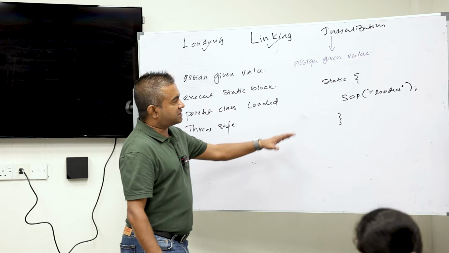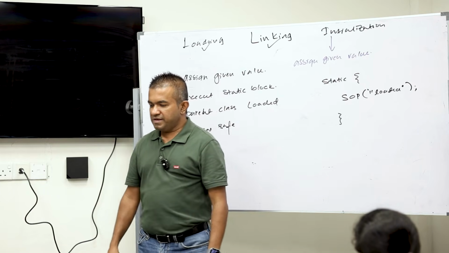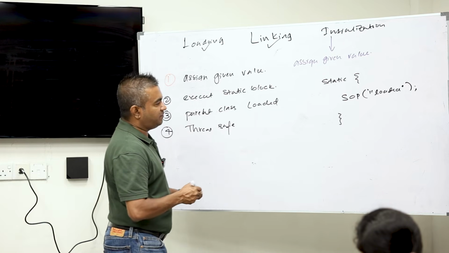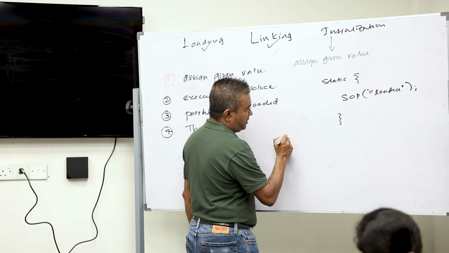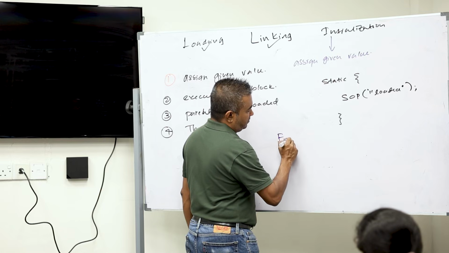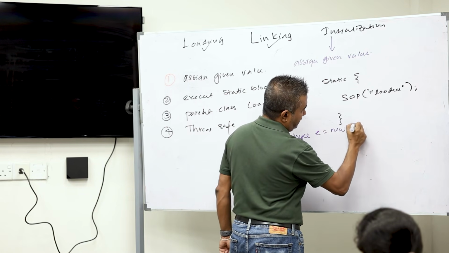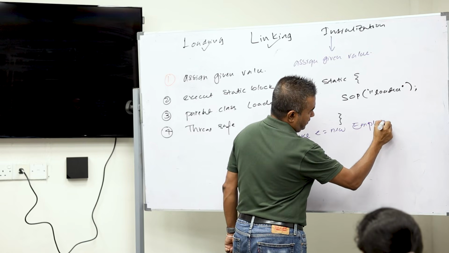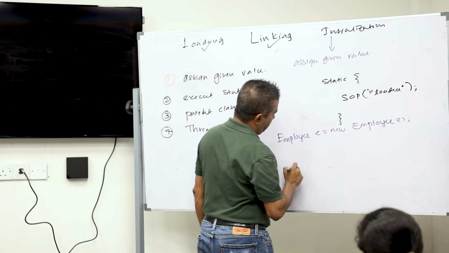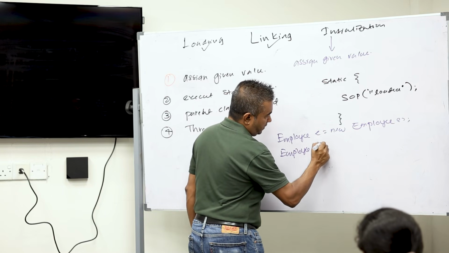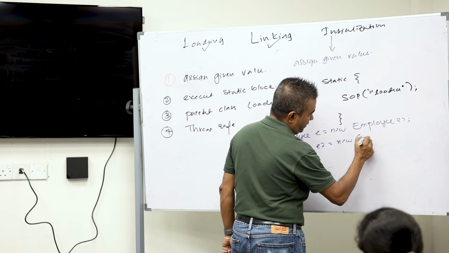Okay, so this static block changes a little from time to time. For example, in the previous example, Employee E1 equals new Employee, and then Employee E2 equals new Employee.